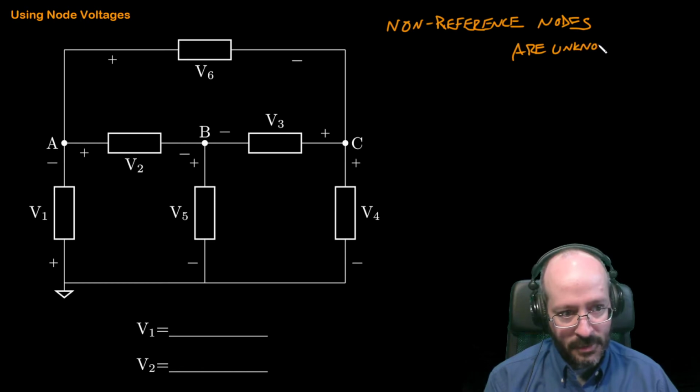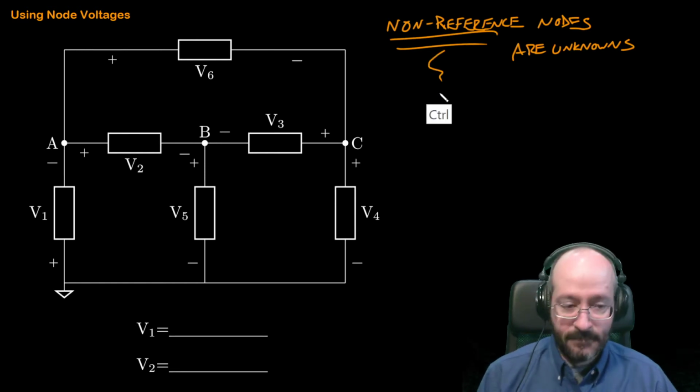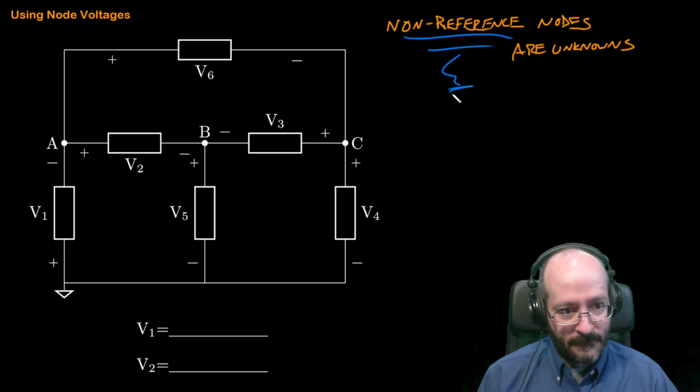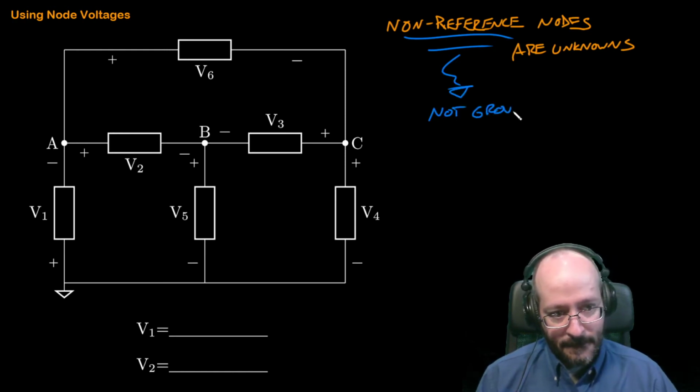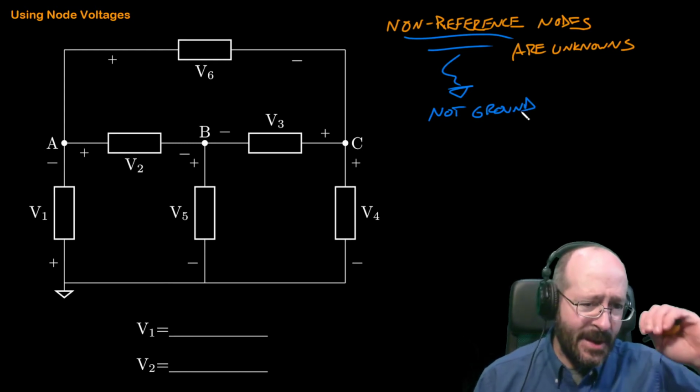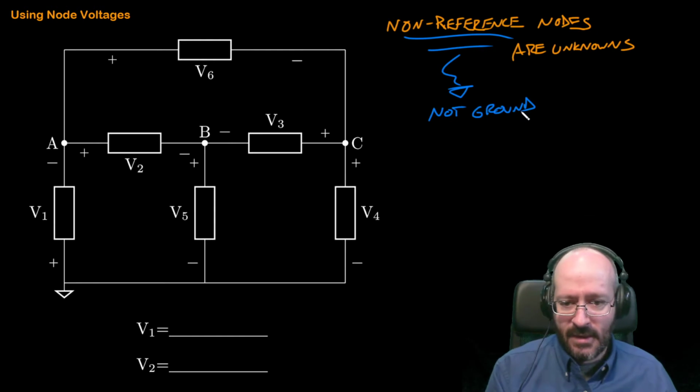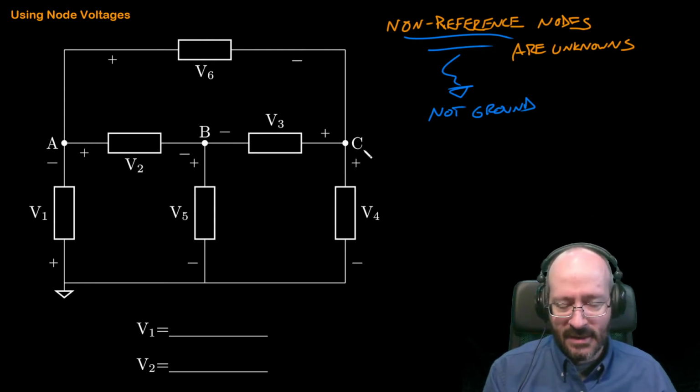That's going to be the output of nodal analysis, our unknowns. And by non-reference, I mean, let's highlight that a little more. Not ground. Okay. So we have A, B, and C.